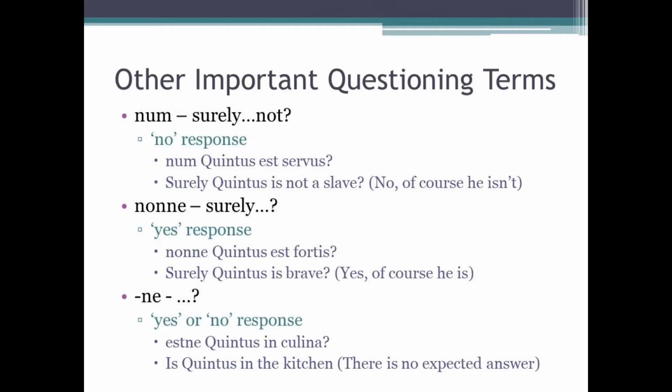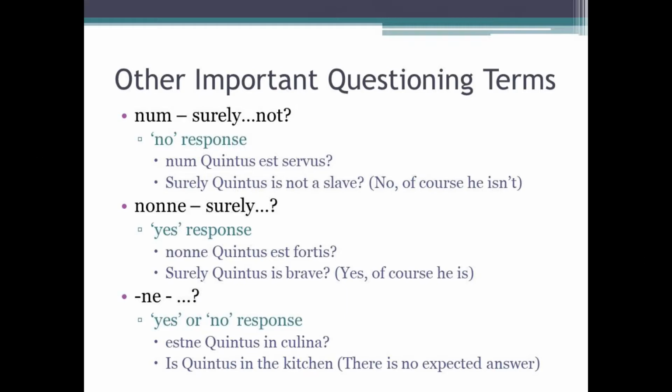The word nonne indicates a question that expects a yes response and is translated by the word surely. So in this example, nonne Quintus est fortis, this means surely Quintus is brave, and of course he is.